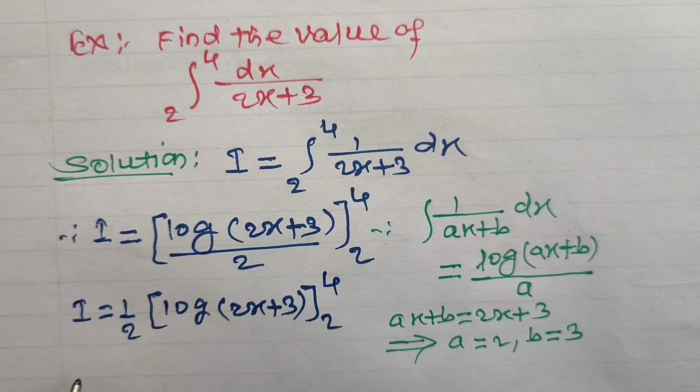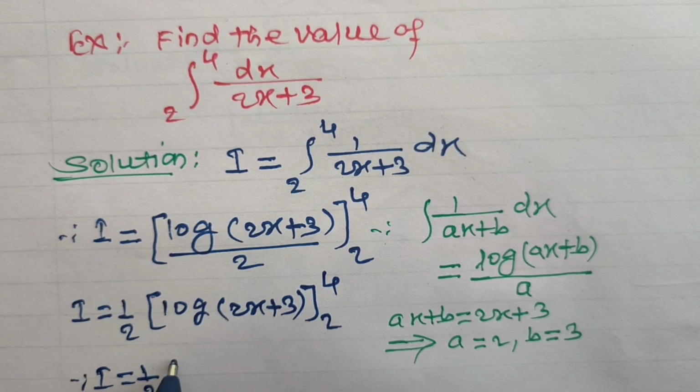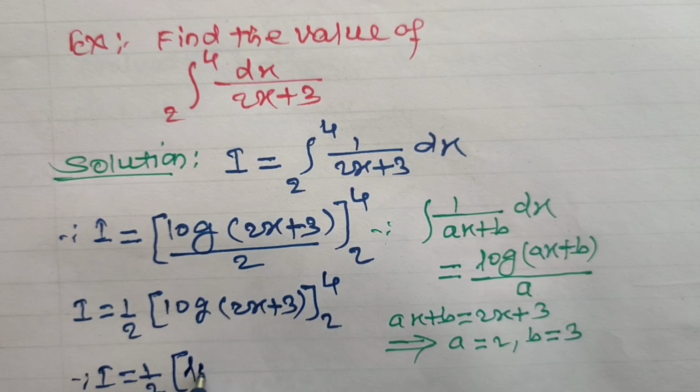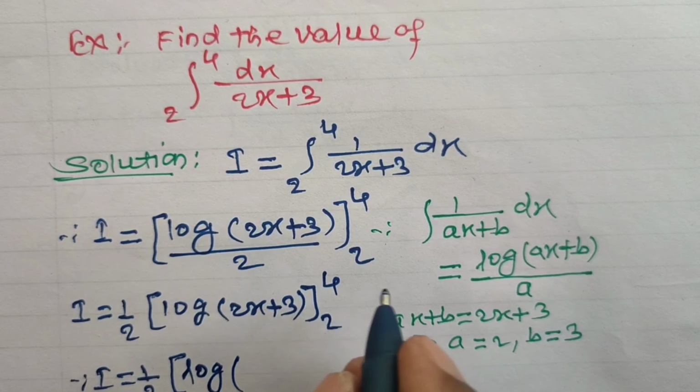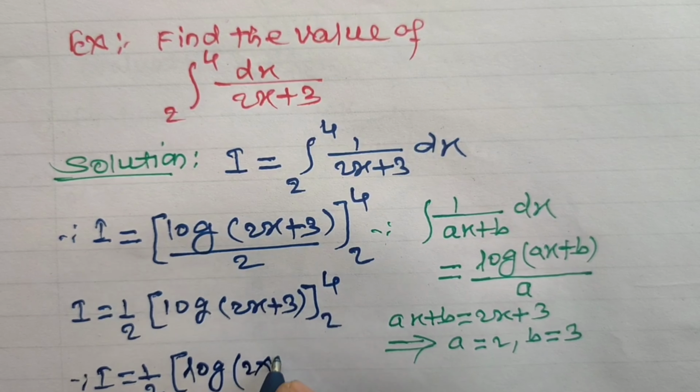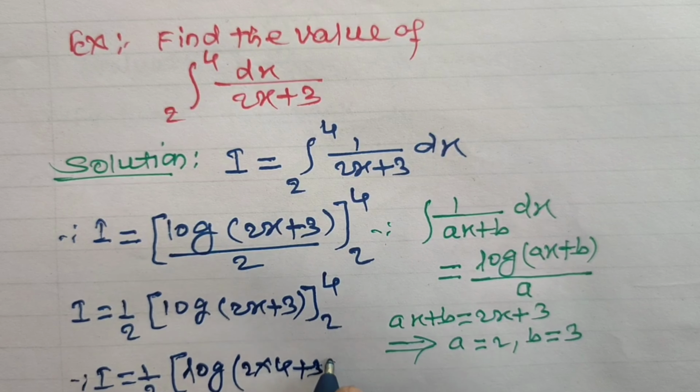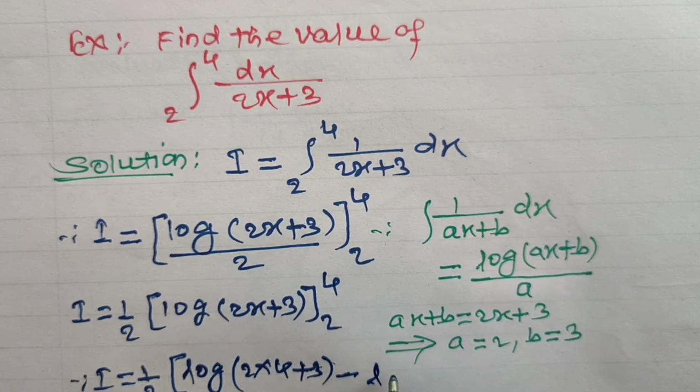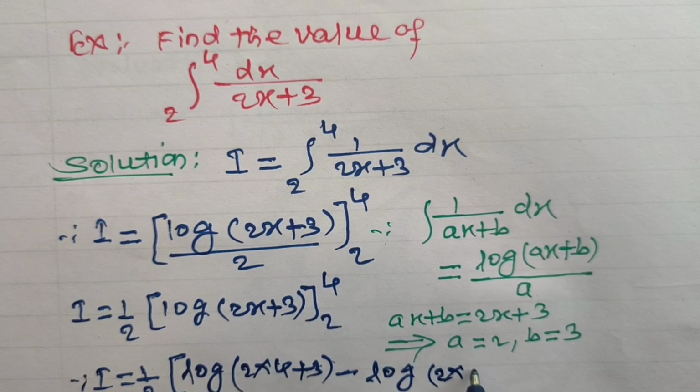Hence, I is equal to 1 upon 2 logarithm of 2 into 4 plus 3 minus logarithm of 2 into 2 plus 3.